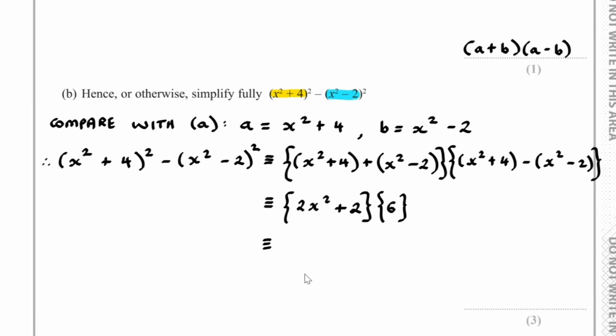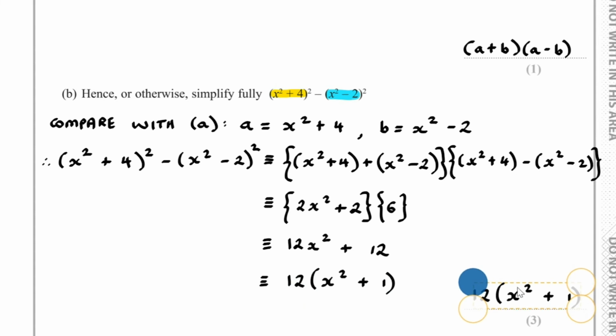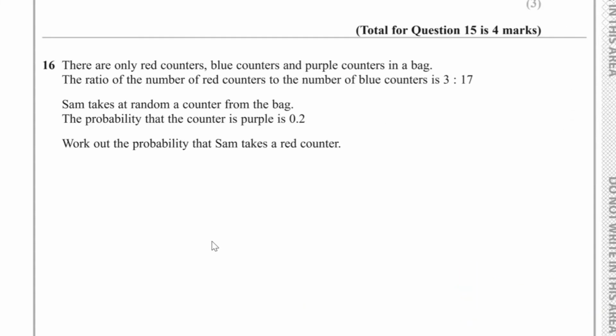And so if I expand this out, we have 12x squared plus 12, and we can factorise out the 12, leaving us with 12 times by x squared plus 1. So we have 12 times by x squared plus 1.